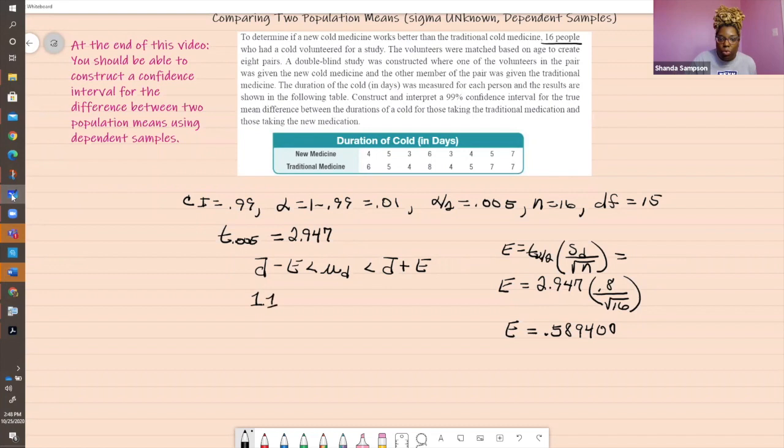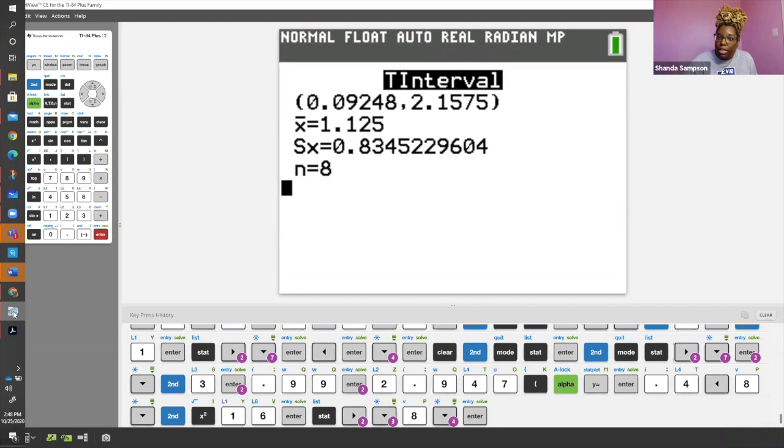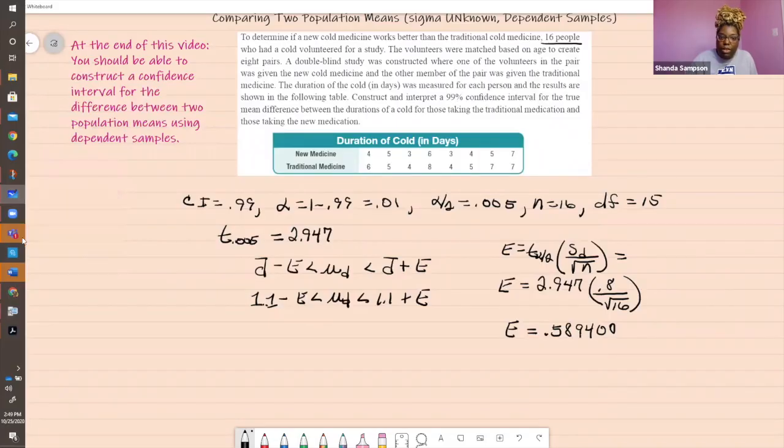So you have 1.1 minus E is less than mu sub D is less than 1.1 plus E. Yes, you do this whole part. Now we're going to write down our answer, 0.1 to 2.2. So your final answer is 0.1 is less than mu sub D is less than 2.2. You must do this part, and you still have to write down your interval. If you skip this part, I don't know what your D bar was.